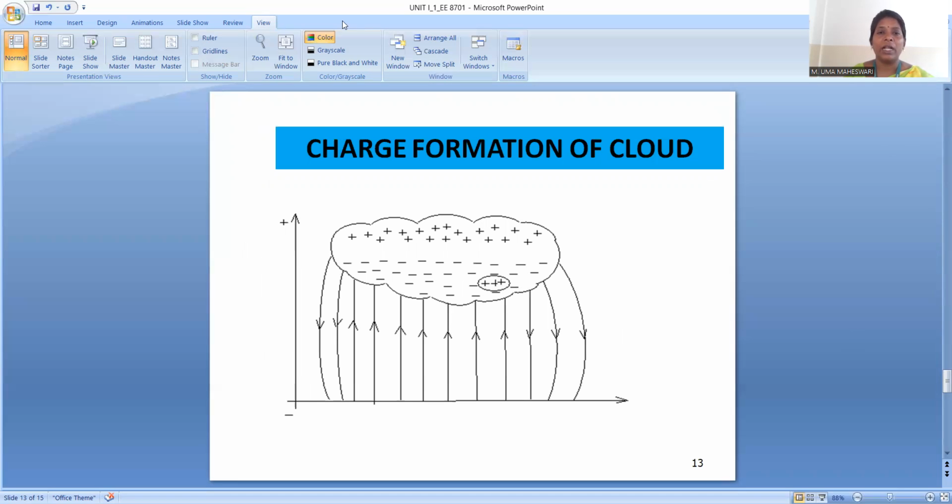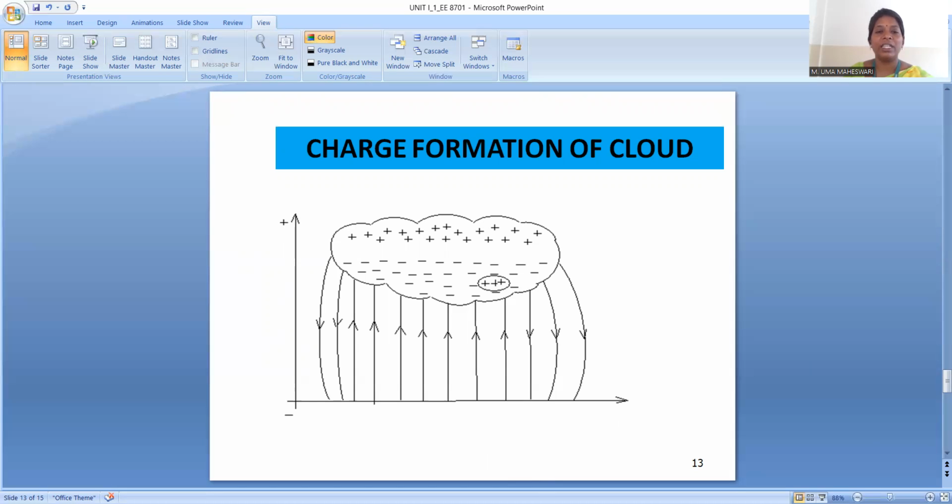The base of the cloud holds the negative charges, and the upper part of the cloud forms the positive charges. When a charged cloud passes over the earth, it induces equal and opposite charges on the ground below. The cloud and the ground form two plates of a gigantic capacitor, with the air as the dielectric medium.